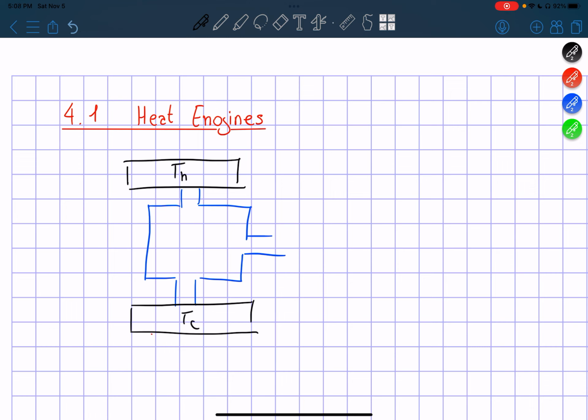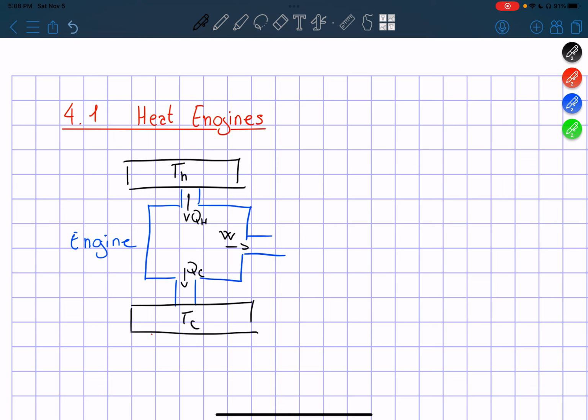Okay, so from the hot reservoir, we get heat, of course. And then into the cold reservoir, we input heat. I'm going to tell you what this H and C mean in a minute. And then on the right, we have our work, the work that is done by the engine.